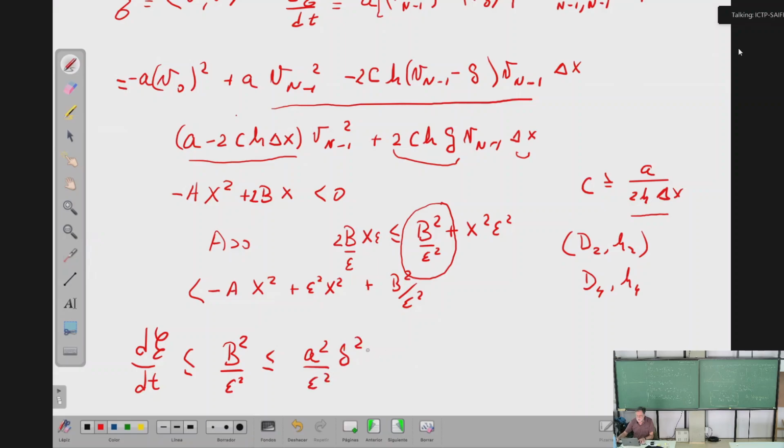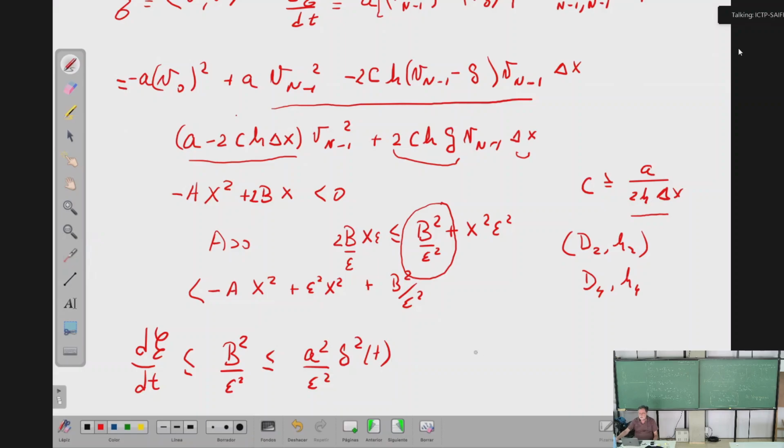So this is the term that you get, which is basically what you want. At the boundary, you want to bound the energy with something like this, okay? In the continuum, the way we did it was with an epsilon equal to 1 here, and you get the g squared.